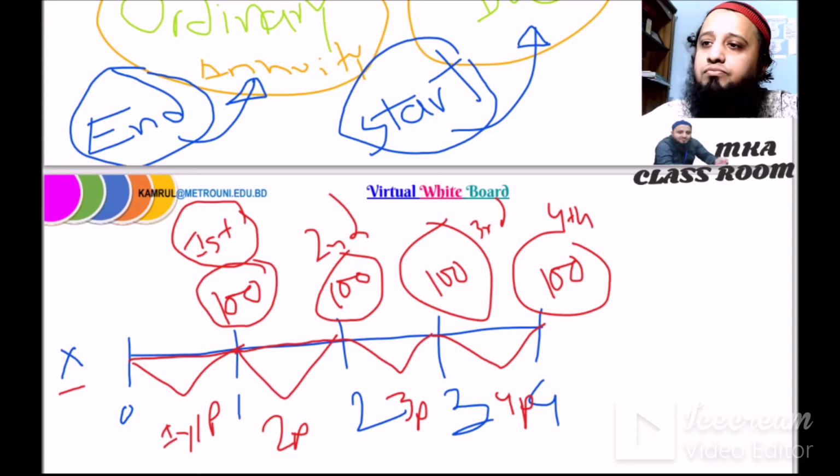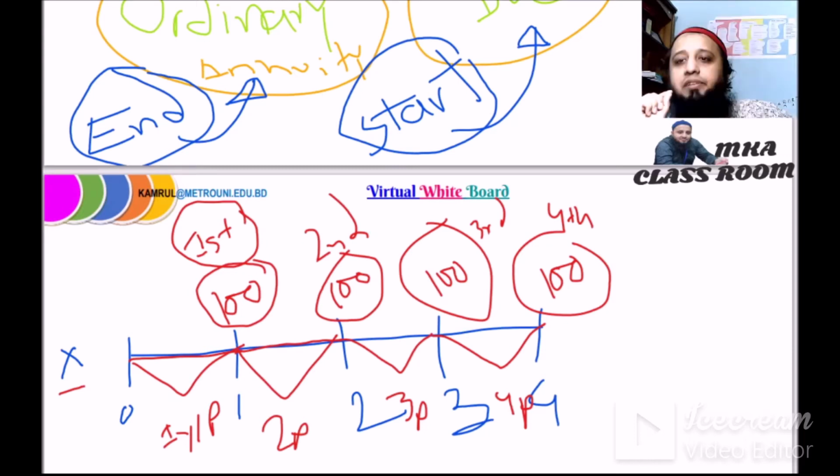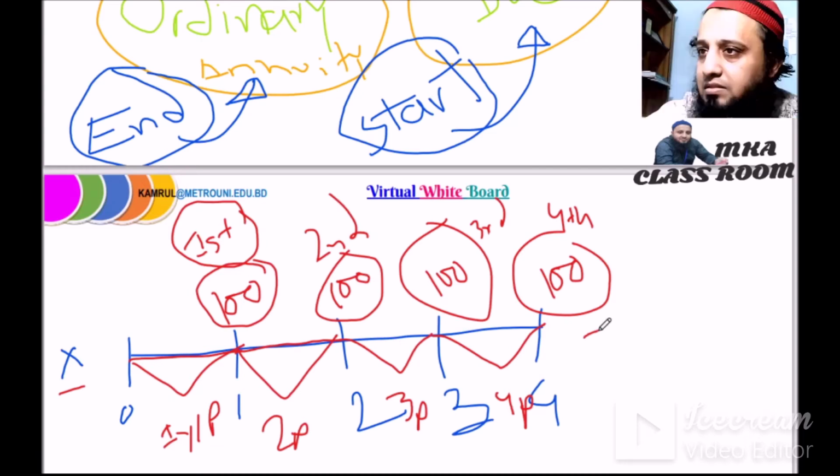So that is the example of ordinary annuity, or deferred annuity, which starts at the end of the period. An example of ordinary annuity is salary.